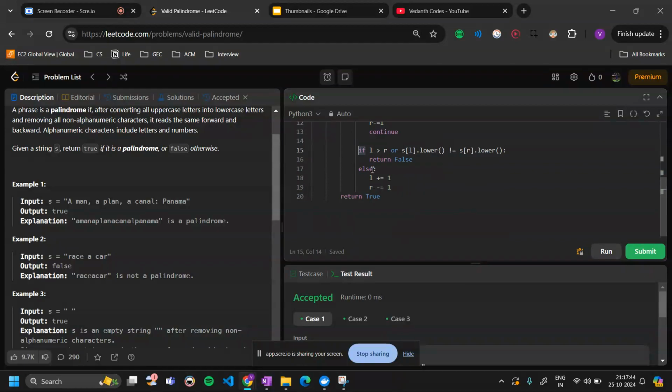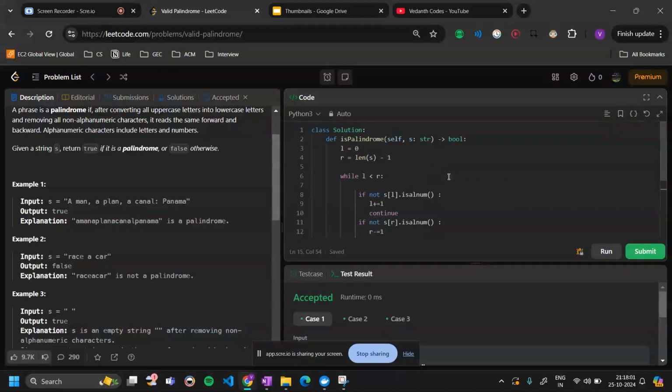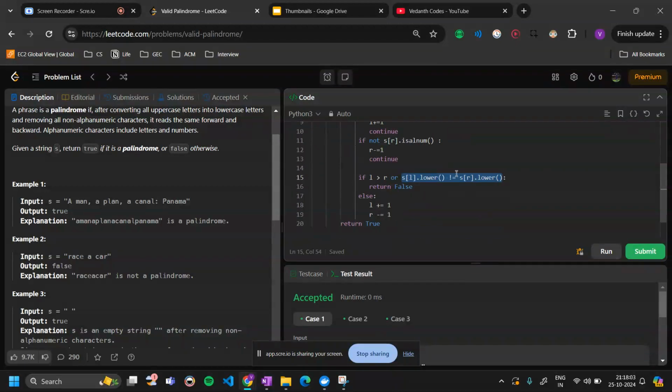If they both are alphabets or numbers, and if s[L].lower() is not equal to s[R].lower(), we return false. Else we just move our pointers forward and backward.